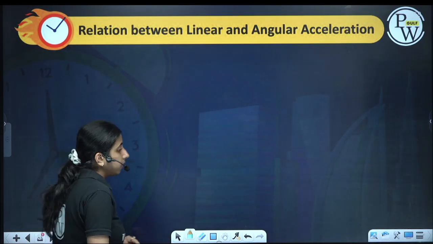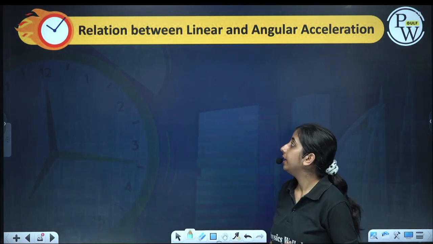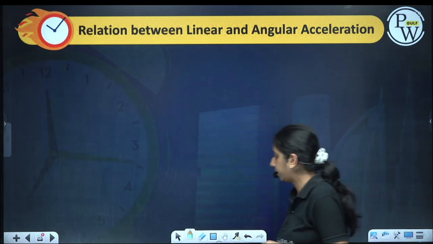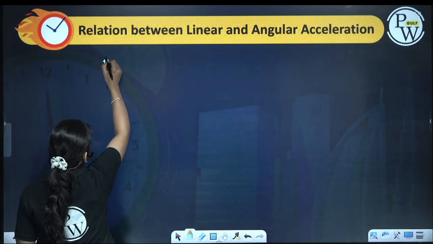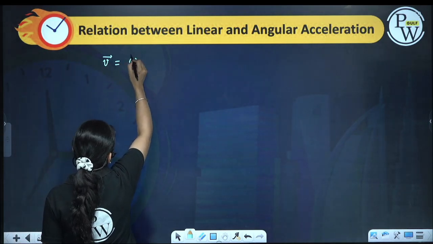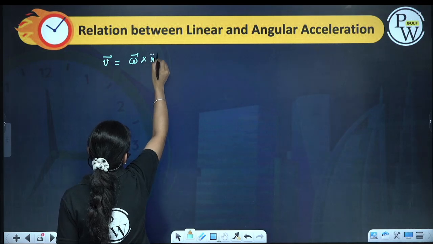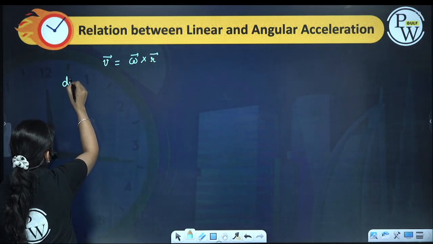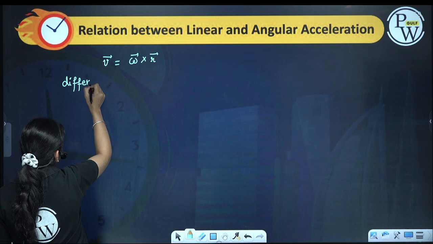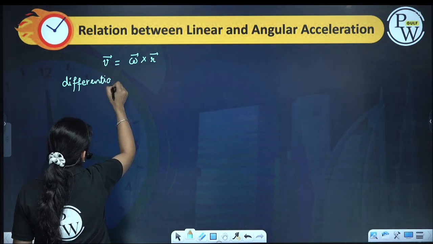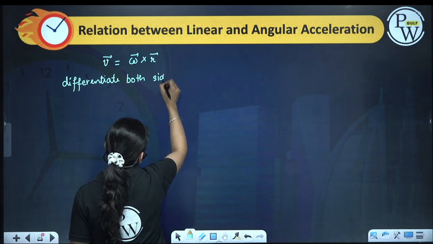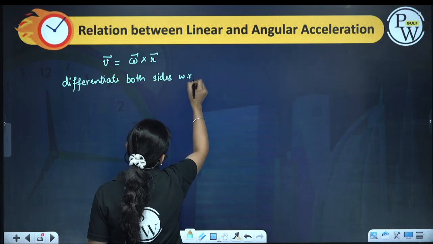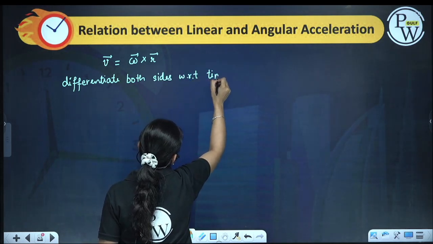Okay, now let us do the relation between linear and angular acceleration. We know that v is equal to omega cross r. Differentiate both sides with respect to time.